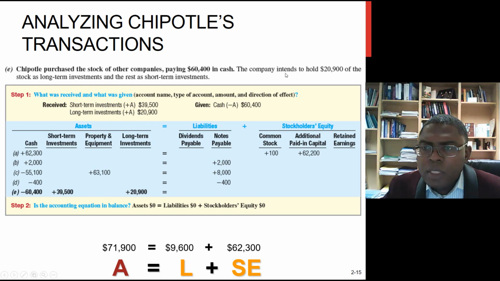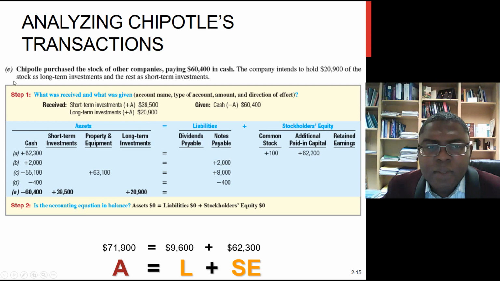We are told that the company intends to hold 20,900 in long-term investment. So if the company is paying 60,400 minus the 20,900, the balance is 39,500. That will be the amount the company is going to hold in short-term investment.